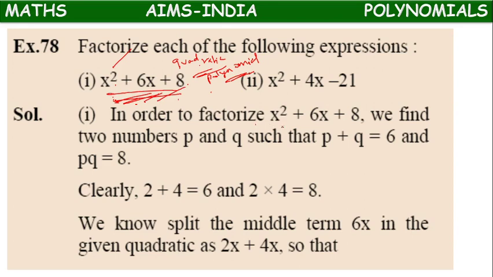In order to factorize this given expression, according to the previous steps, we have to find two numbers p and q such that their sum is equal to the x coefficient 6, and their product is equal to the constant 8.